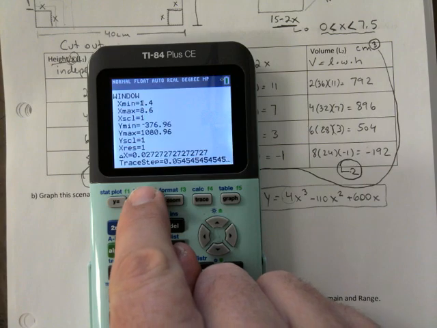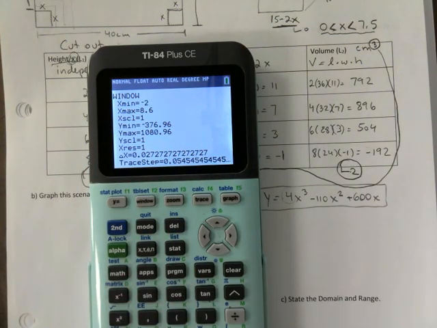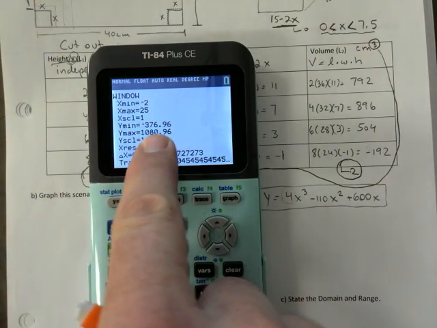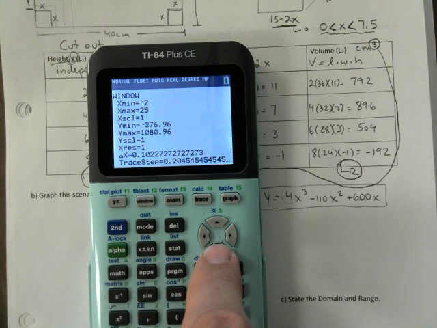I'm going to change my window a little bit. X min, I'm going to go -2. X max, let's increase that to 20, 25. Y min, do I need to know the negative? Not really, not much, but I'm going to leave it there because I just want you to see it.